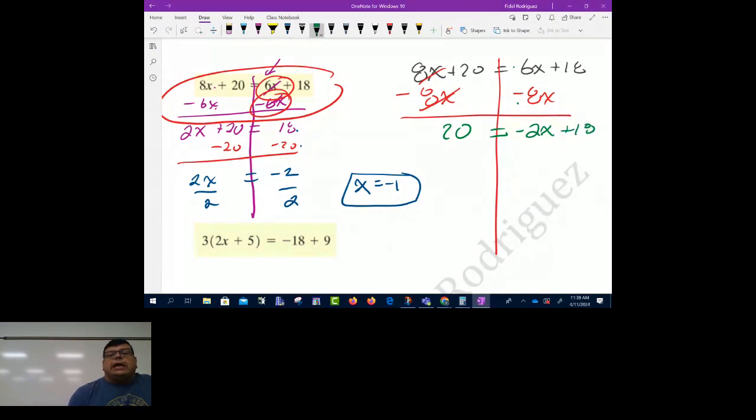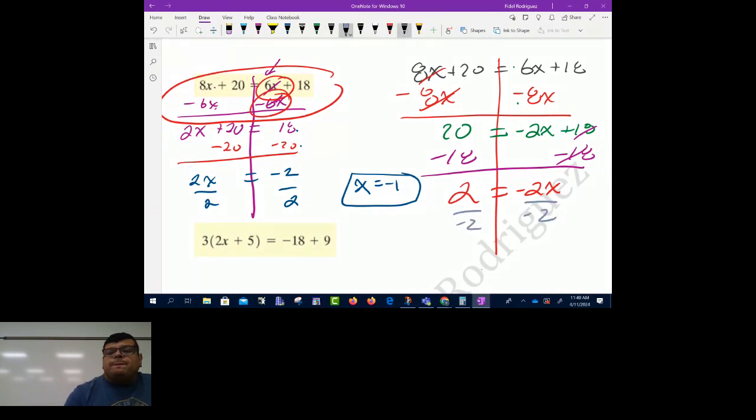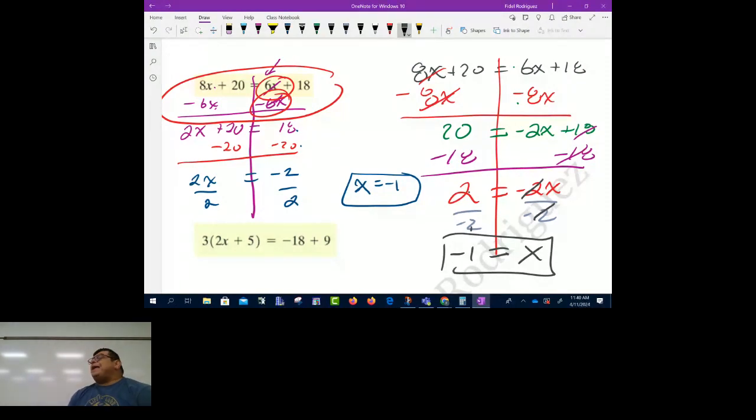And then if I would have said, I want to get rid of that 18, I'm going to minus 18. 20 minus 18 is 2 equals -2x. And then, y'all, if I were to divide by -2, those would go away. 2 divided by -2, -1. I want you to notice, y'all, that I get the same answer.